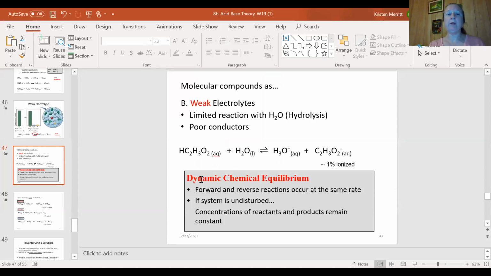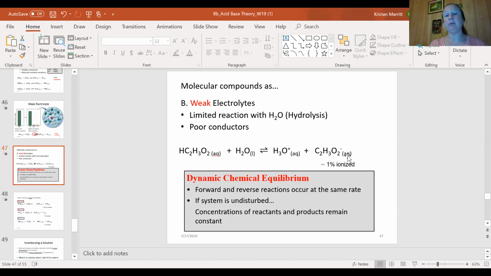So these are poor conductors. They are weak electrolytes because they make very little ions. This is acetic acid. It's only 1% ionized, which means at the end of the reaction, 99% of it will be in the acid form and 1% will be in the conjugate base form.